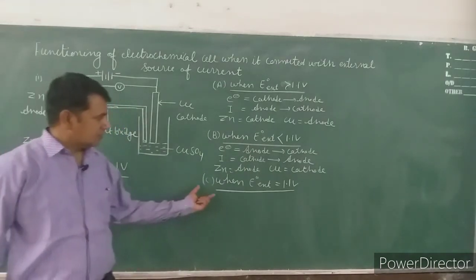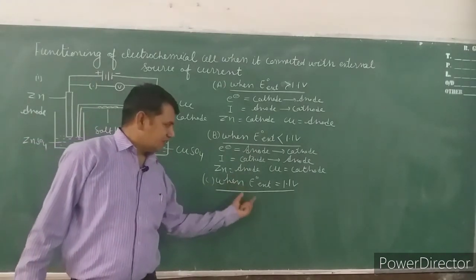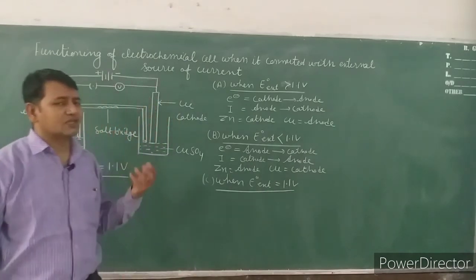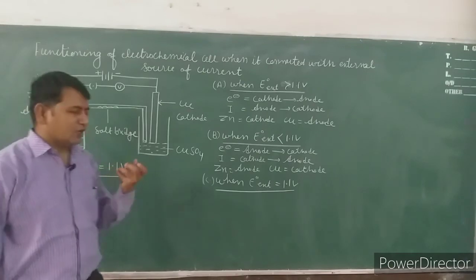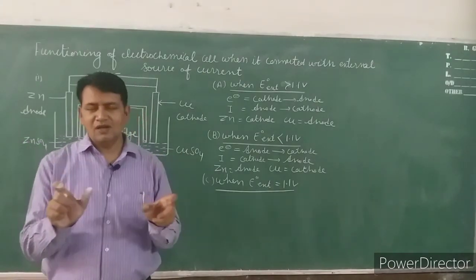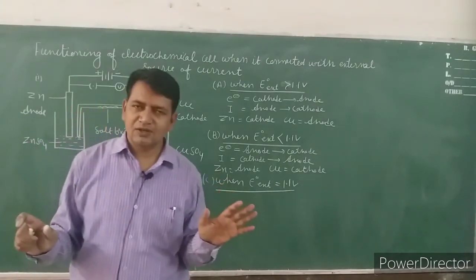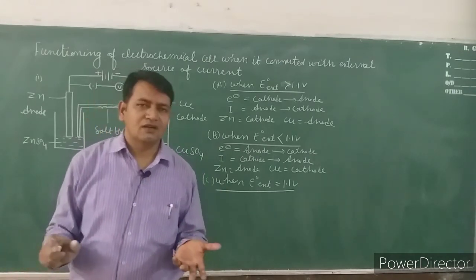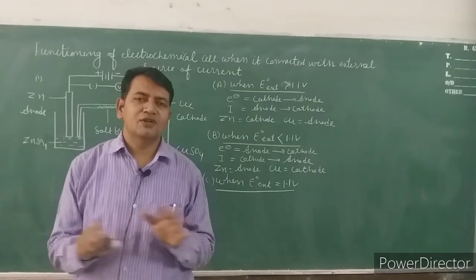And the third condition, when external potential is equal to 1.1 volt. We know very well, you have studied in physics also, when the potential difference between two points is equal, there will be no flow of electrons. When there is no flow of electrons, there will be no flow of current. It means the cell will not work.